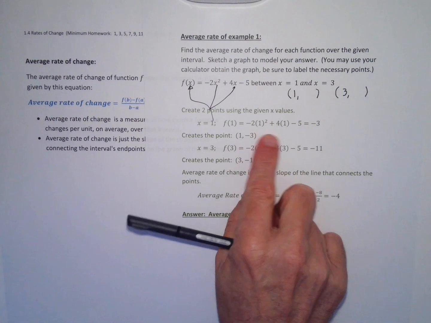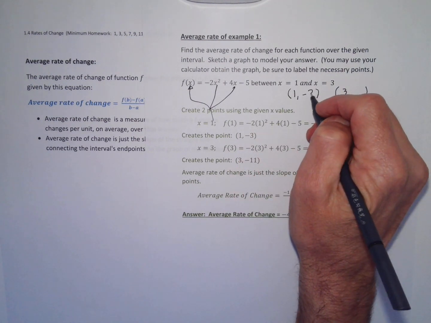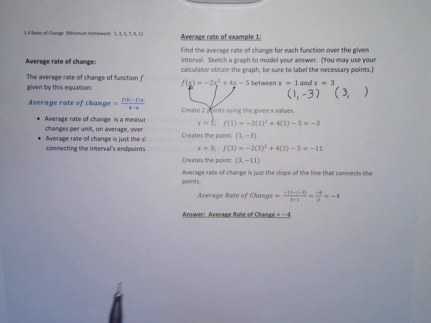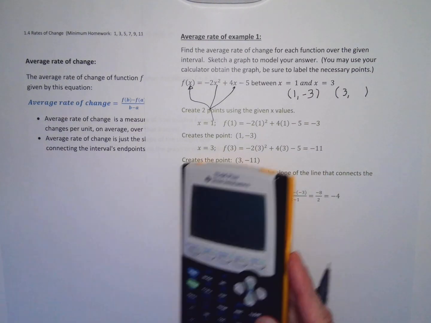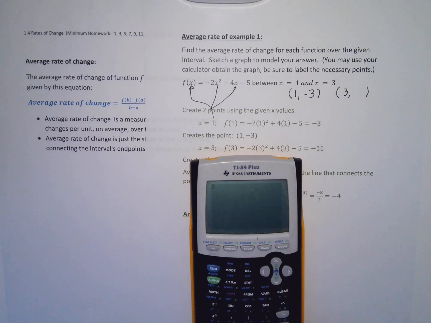But you plug 1 in for x and do the algebra on your calculator, you're going to get negative 3. If I wanted to, I could just pull out my calculator and do negative 2 times 1 squared plus 4 times 1 minus 5.